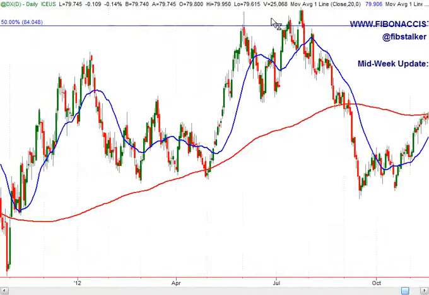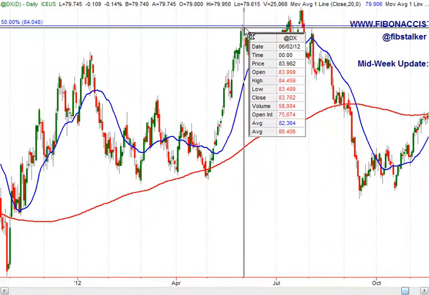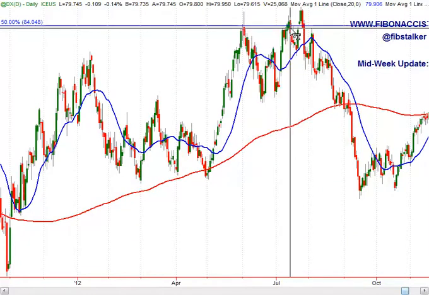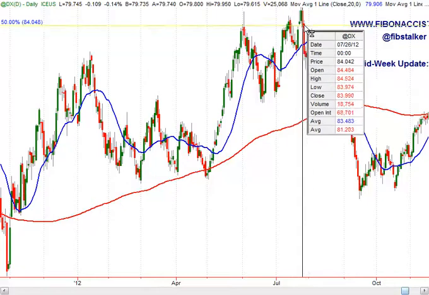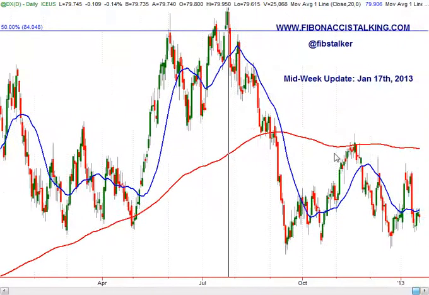As we can see, price reacted at this level twice. The first time in June 2012, and the second time again in July, and then end of July. So this is pushing price lower, and that's what we saw here.